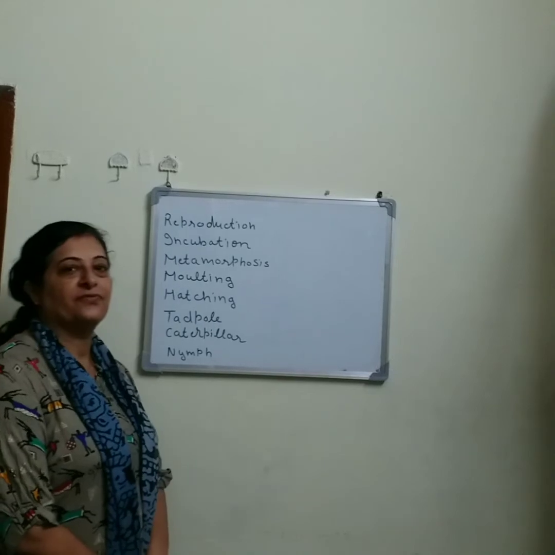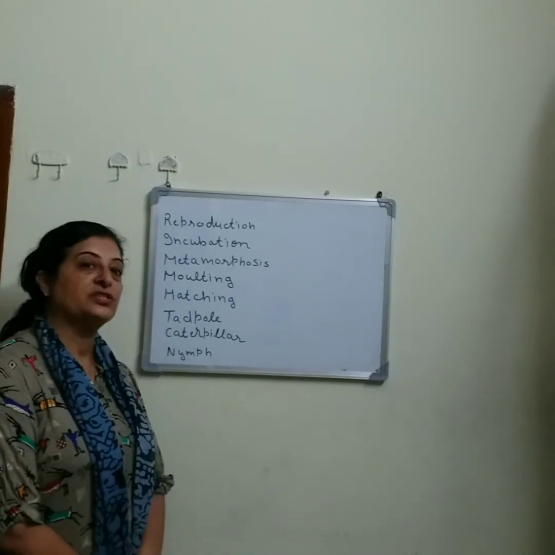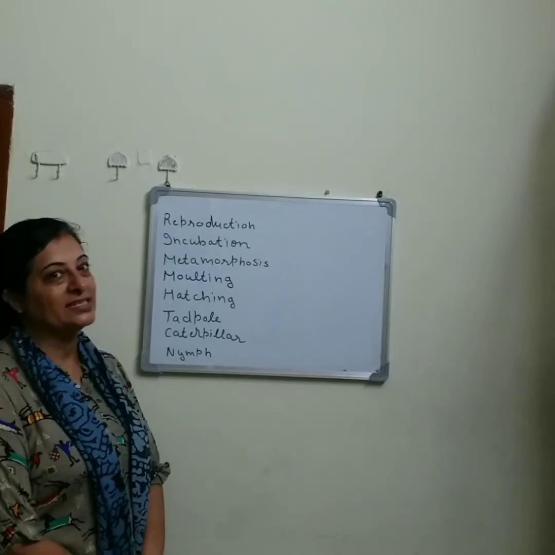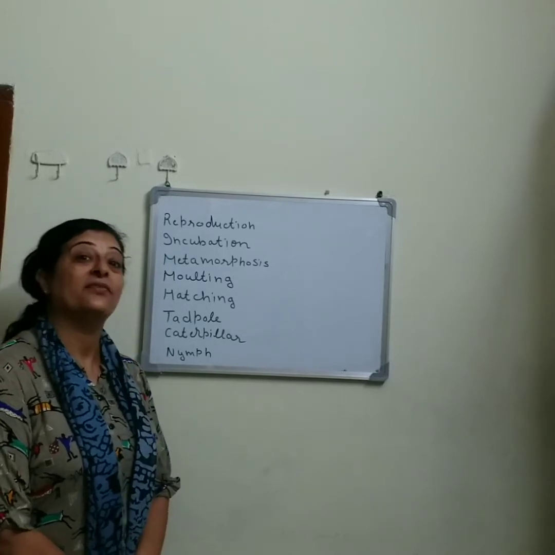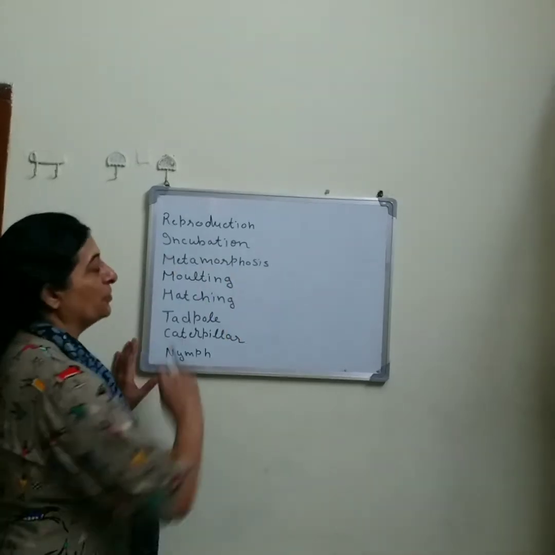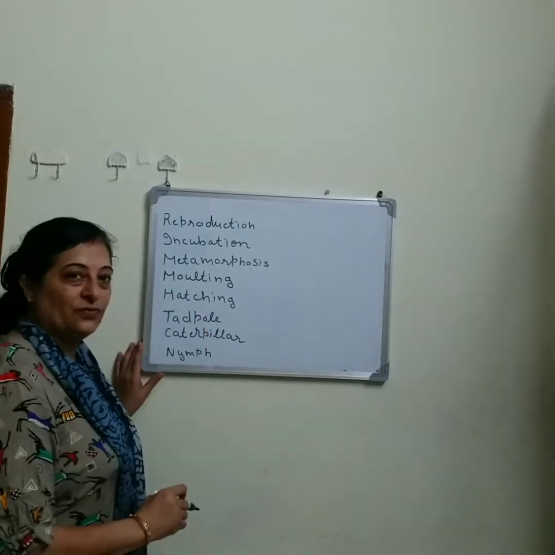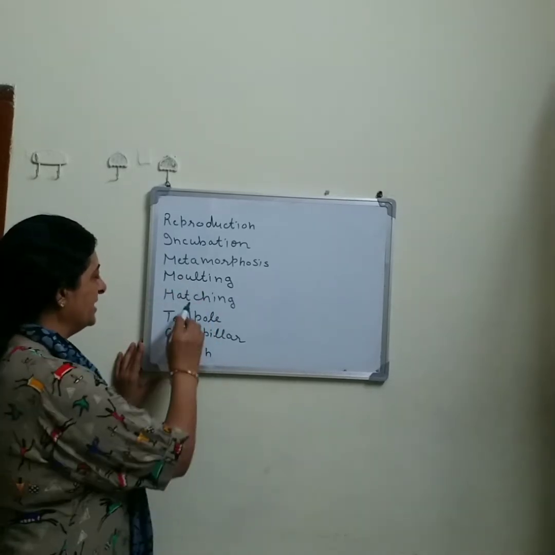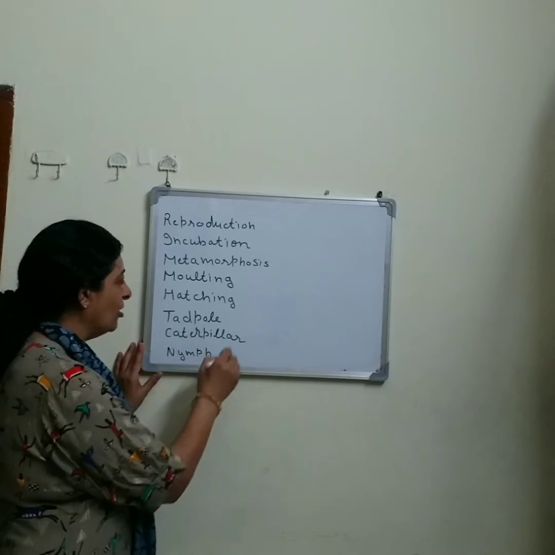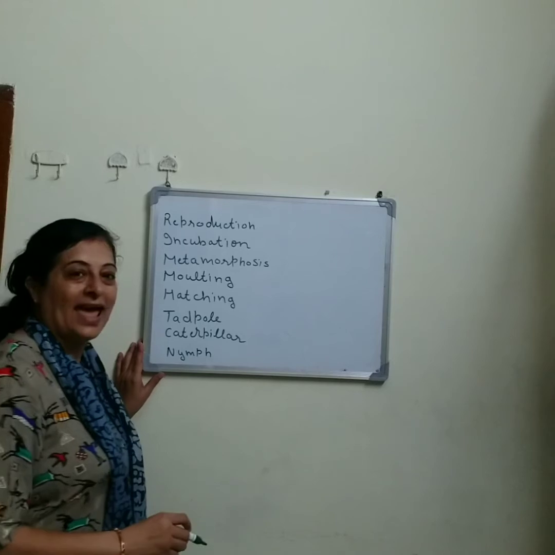Good morning everyone. Now we will discuss different terms which we are going to use in chapter number 8, animal reproduction. These terms are reproduction, incubation, metamorphosis, molting, hatching, and also we will discuss tadpole, caterpillar and nymph.